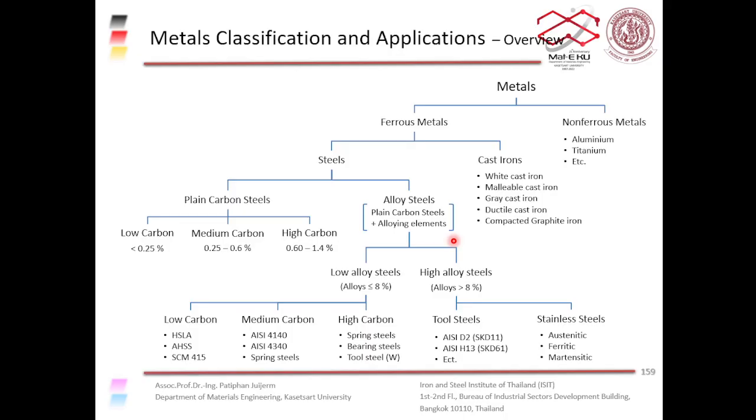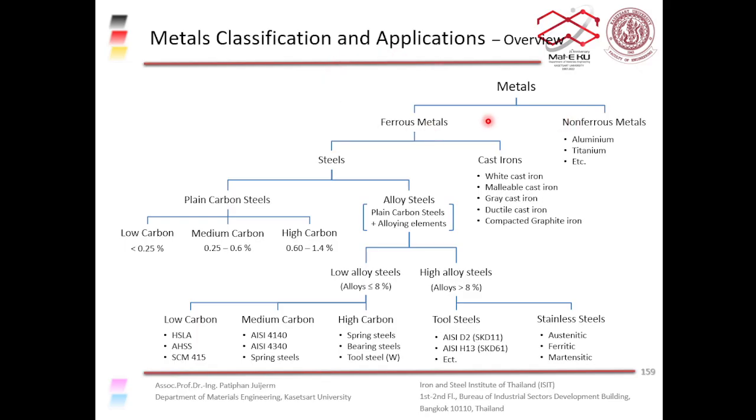Okay. So engineering metals can be divided into two large groups. The first one is called ferrous metals. The second one is called non-ferrous metals.